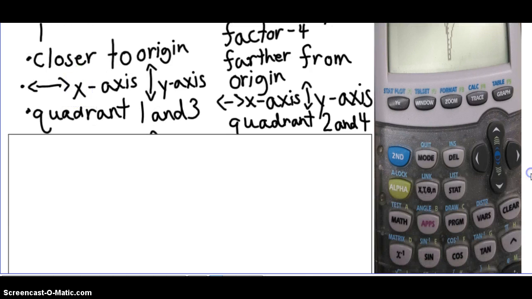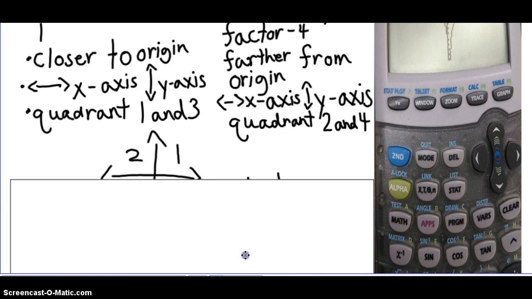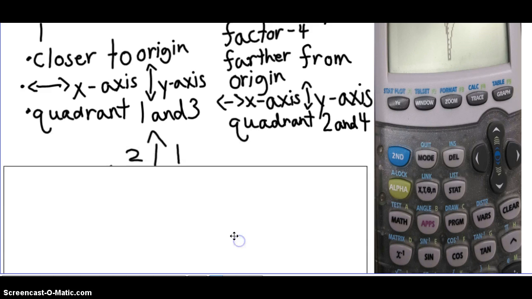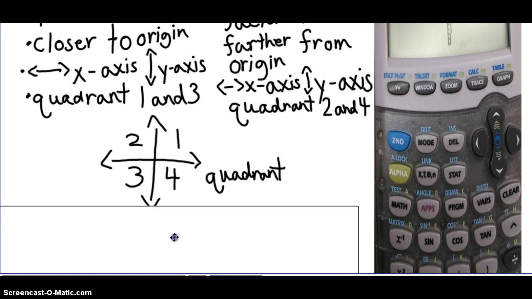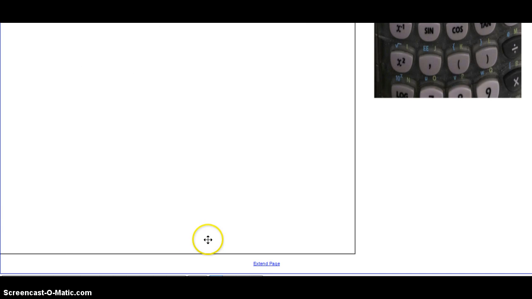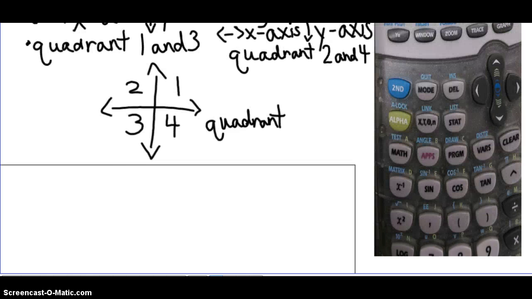And if you're confused by quadrants, if you have trouble figuring out quadrants, then to help you right here, this is quadrant 1, 2, 3, and 4. This is the order in which quadrants work.